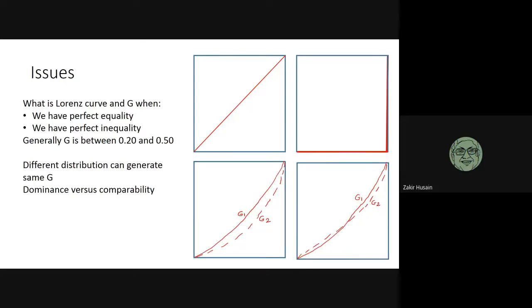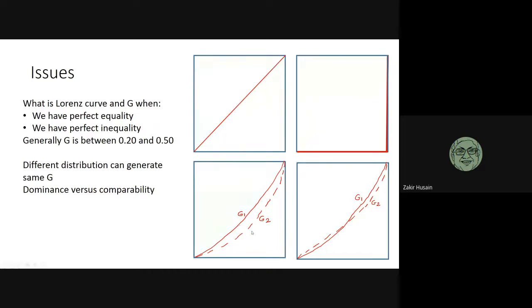Now, one problem with Gini is that we can have different distributions generating the same G. Like over here, G2 clearly dominates G1. The inequality in a society with a Gini coefficient of G2 is clearly more than in another society where the Lorenz ratio is given by G1.